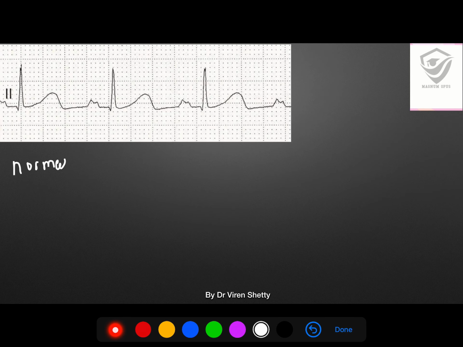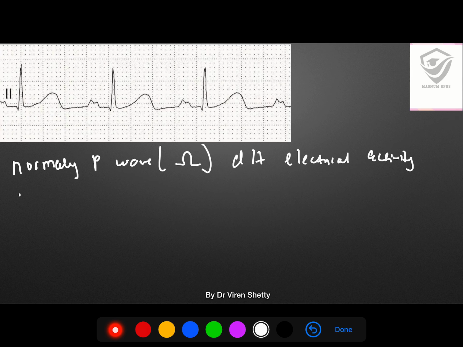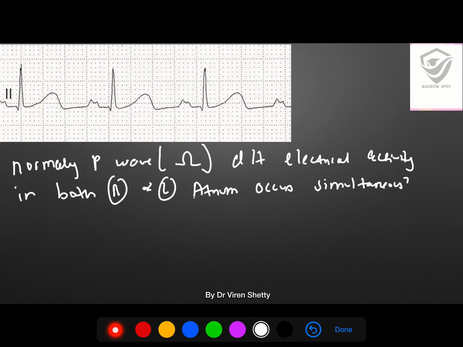So normally the P wave that is formed, we get due to the electrical activity in both right and left atrium, which occurs simultaneously. So when the electrical activity occurs in both right and left atrium simultaneously, we get the normal P wave.